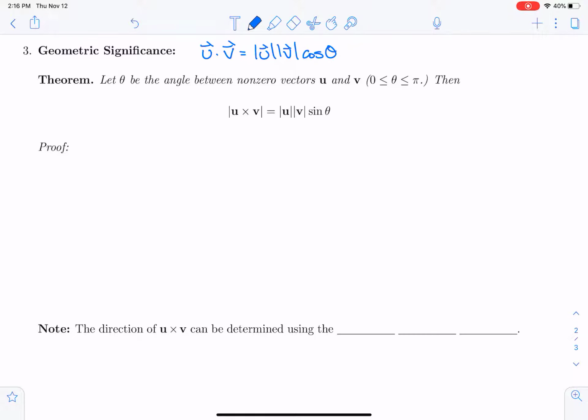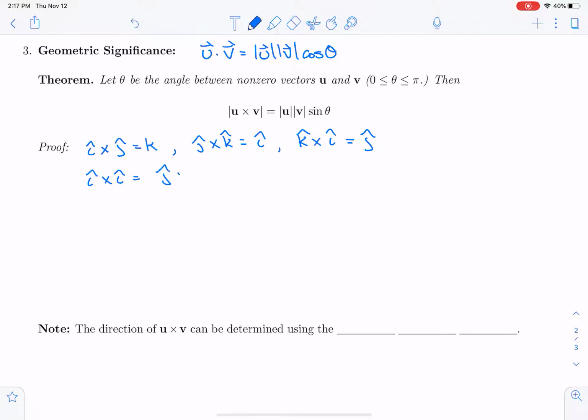This can be proven by using the fact that i cross j is k, j cross k is i, and k cross i is j, and then also using the fact that if you cross a vector with itself, then you end up getting 0. That's something that you can verify for yourself if you like, but the cross product of a vector with itself is going to give you 0.